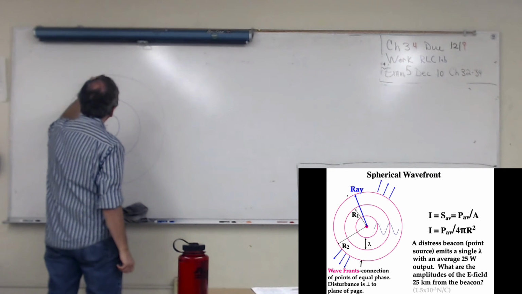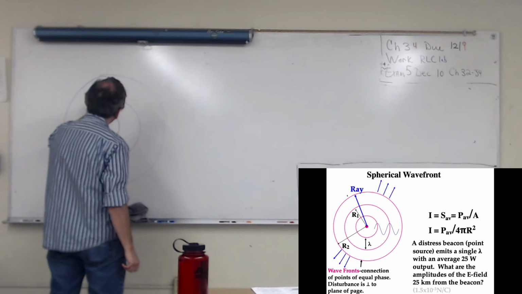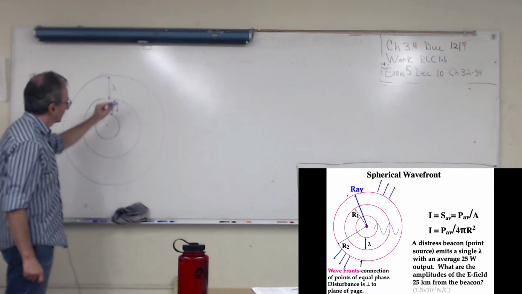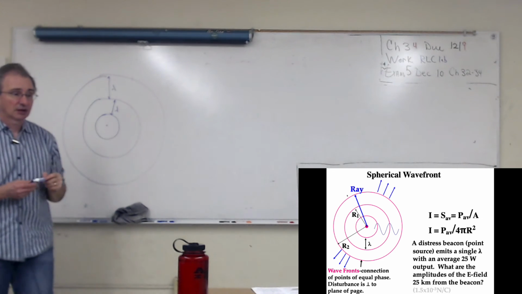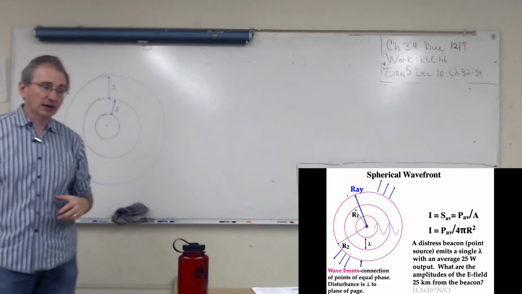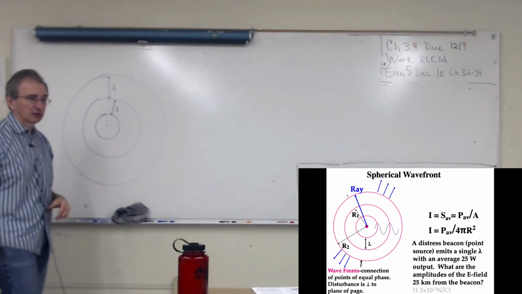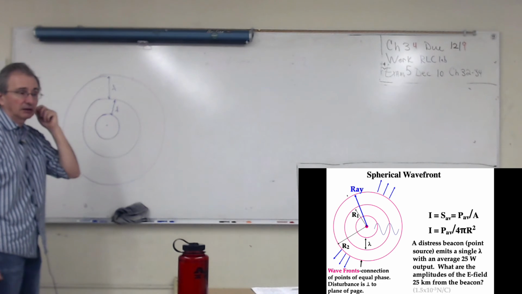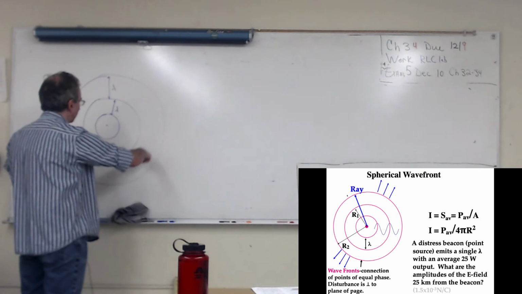The spacing between the circles is the wavelength. The circles are called wavefronts. They're basically points in the wave that are in phase. These could be all the peaks of the waves. And these are called spherical wavefronts.